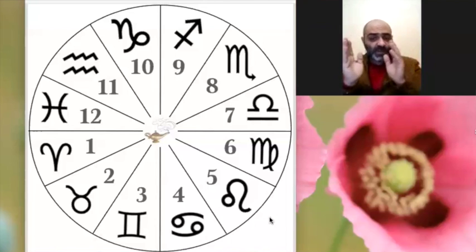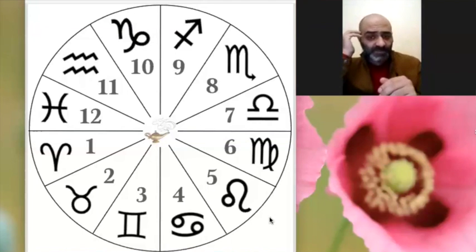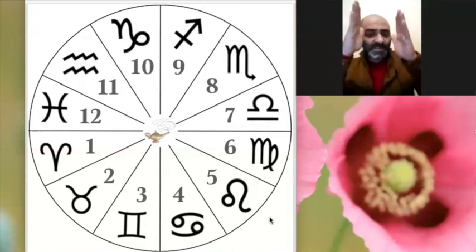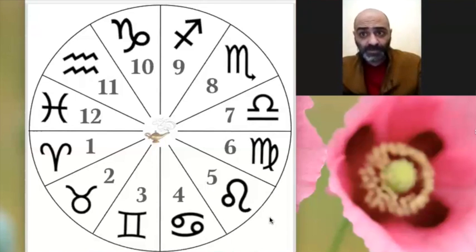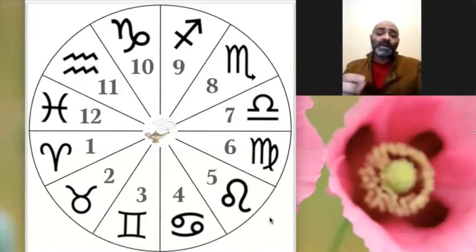Because the first house correlates to Aries, and Aries rules the head. So the first house is the body in general and the head in particular. The first house determines the physical constitution. Any planet in the first house will impact the personality and the appearance.